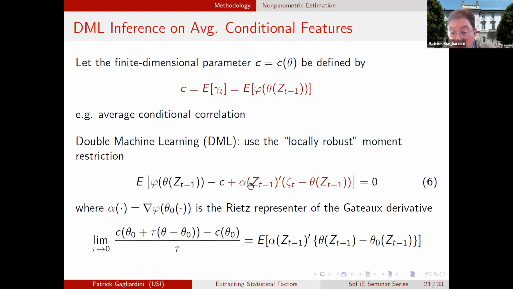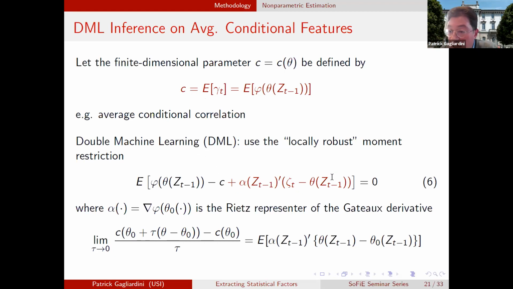So in this equation, if you cancel this red part, you recognize this is the moment equation defining this parameter. Now this equation is augmented by means of this term, which involves something like a Gateaux derivative of the parameter of interest with respect to the functional parameter theta.